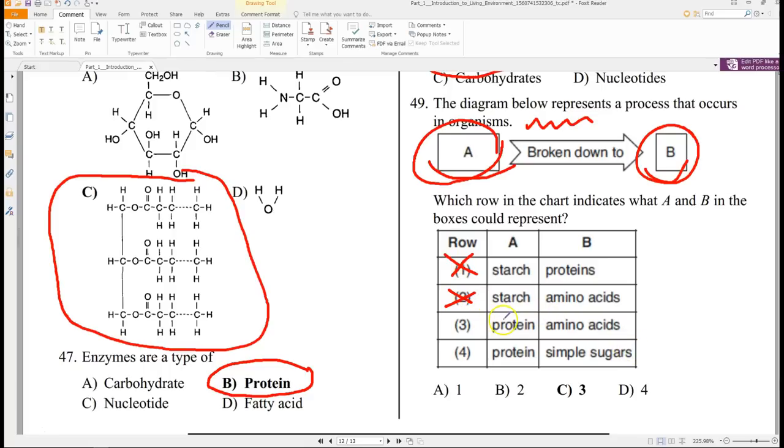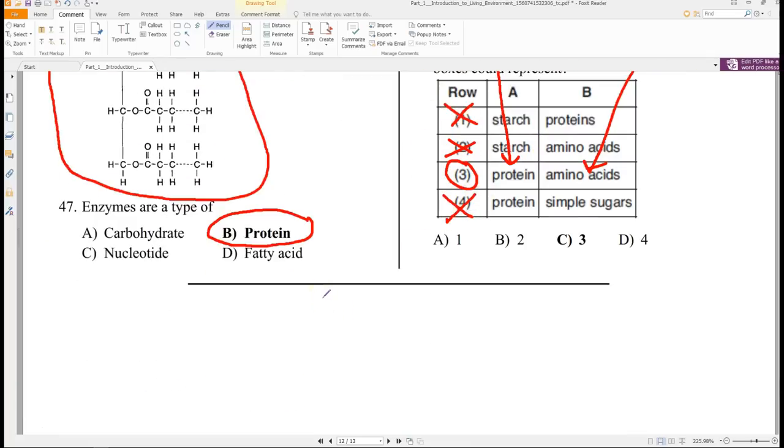Can A be proteins and B be amino acids? Yes. Because the big one is the protein and the little one is amino acids, because amino acids make up proteins. Proteins are not simple sugars.